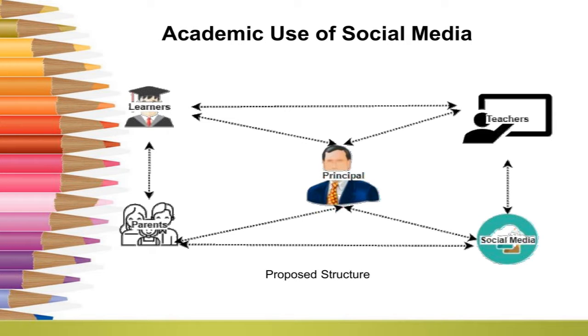So this is actually a proposed structure where social media is connected to the teacher, principal, and parents. However, learners are not directly connected with social media. This is because this study is for schools, where primary, middle, and high school children come. So it is not possible for primary students to engage with social media.